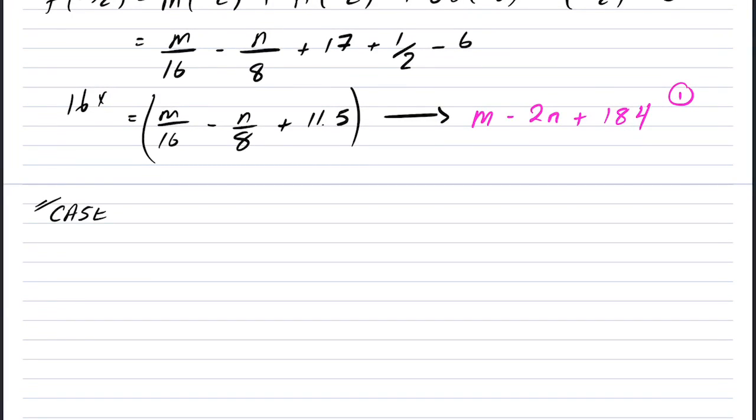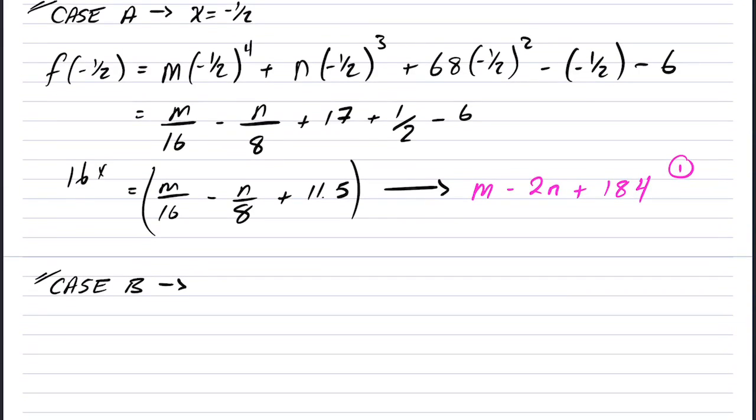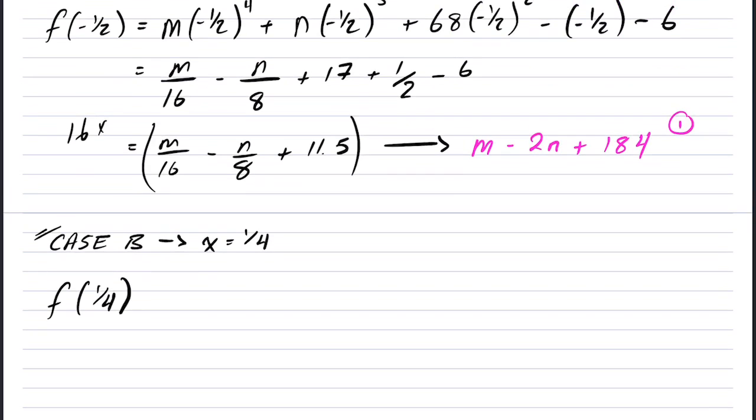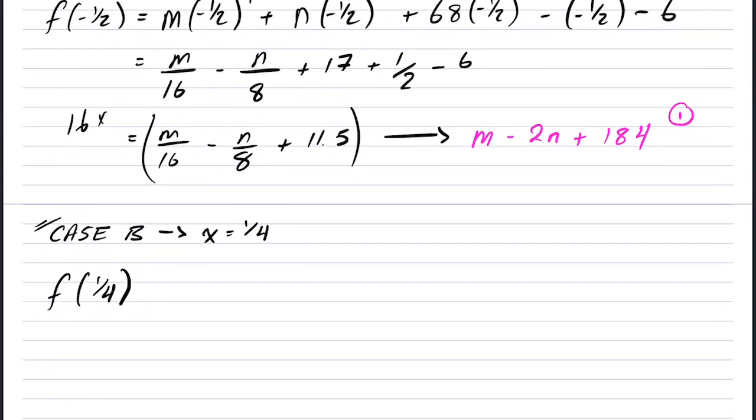Case B, which is, what do we say x was in case B? 1 over 4. So we're just going to plug in again for our function here, f of 1 over 4. And what's that going to look like?